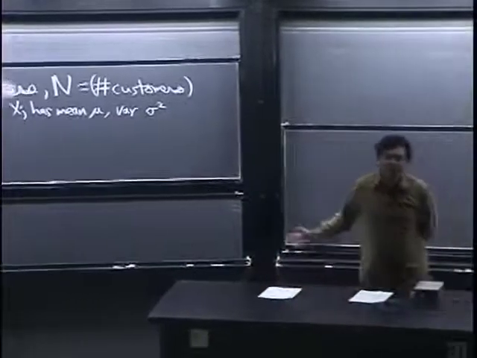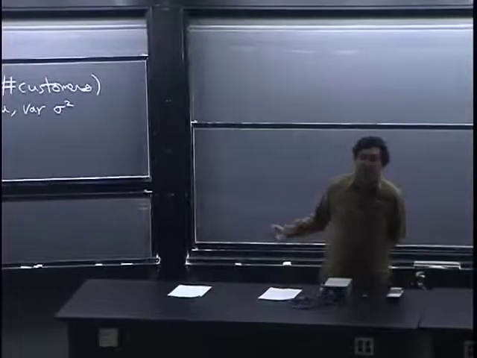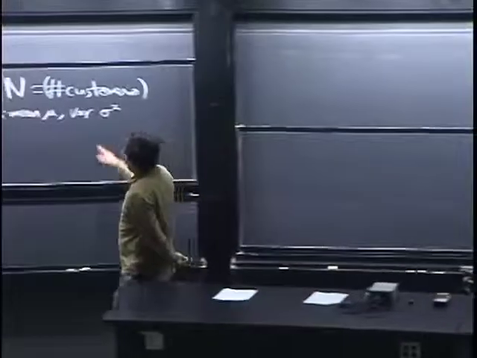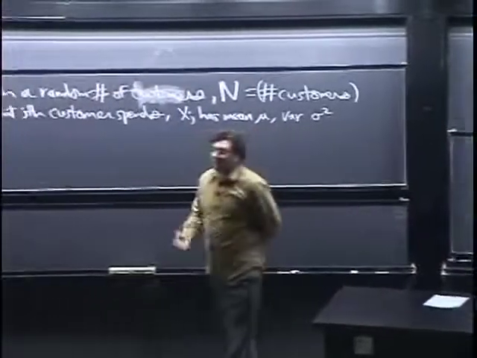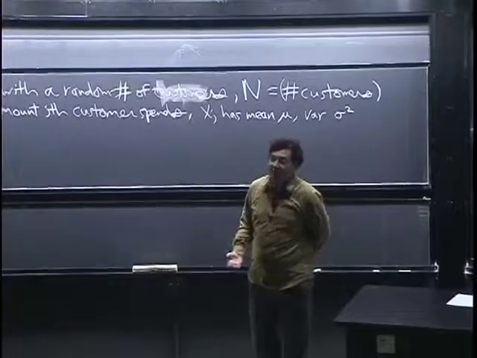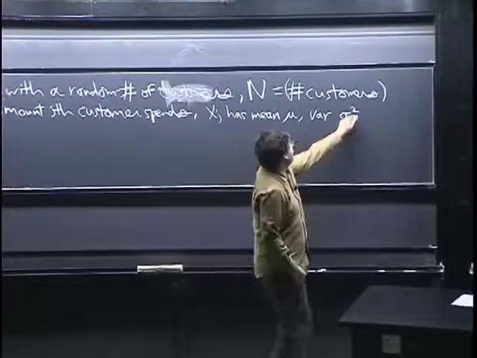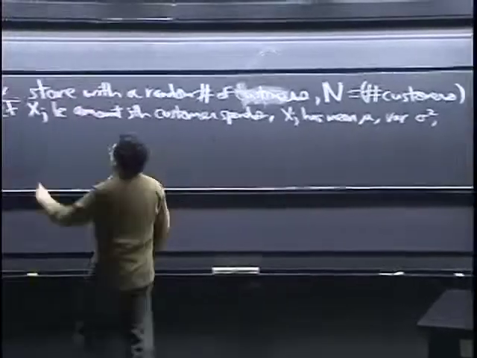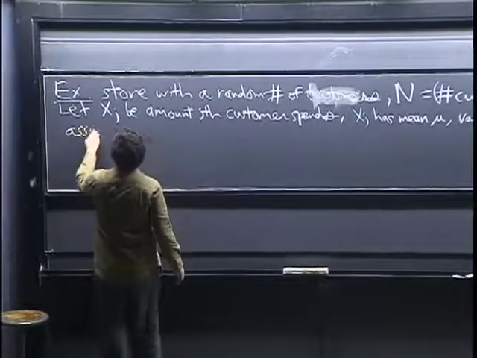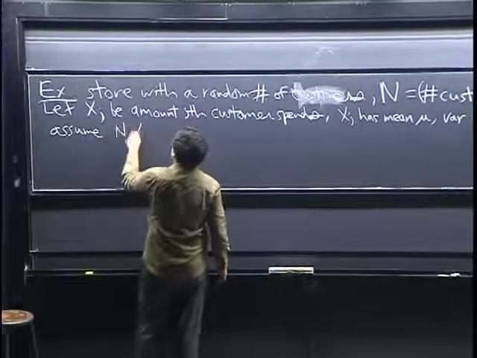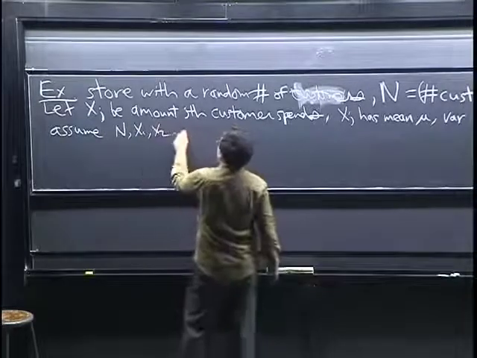So I'm assuming that they all have the same mean and variance for how much the customers spend. Of course, you can generalize this problem in different ways, but for now, let's just assume they may spend different actual amounts, but they spend the same average amount, and they have the same variance. And let's assume that this sequence of expenditures are independent.